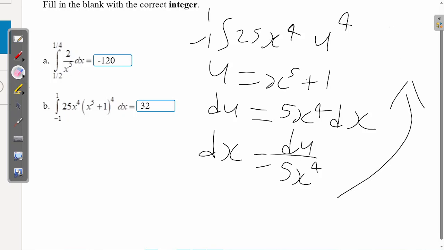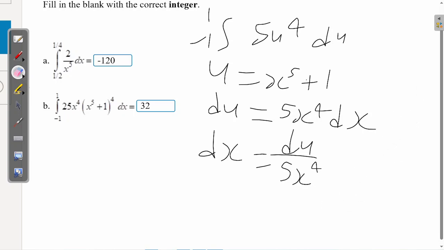Now we can cancel. x power 4 goes away. And then 25 divided by 5 is 5. So you'll be left with 5u power 4 du.